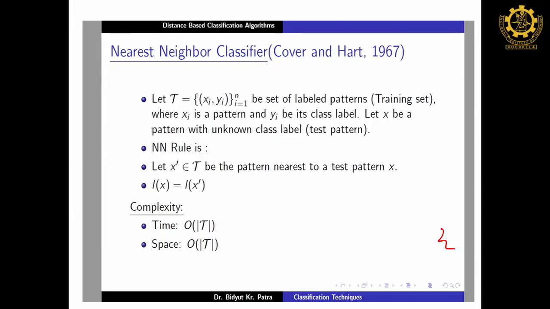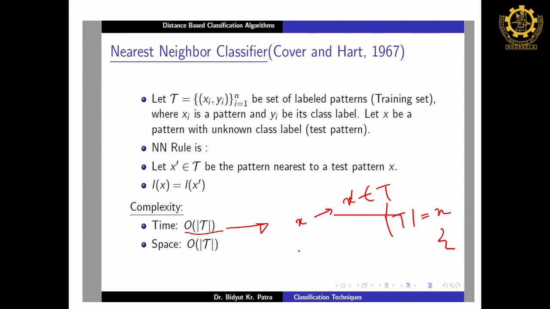And then we asked, what is the time complexity? Time complexity means you have to compute the distance from the unknown object. Let us say the unknown object, the test pattern, is x. You have to compute the distance from x to all the objects x dash belonging to the training data set. So, if the cardinality of the training data set is n, then the complexity will be order of n.